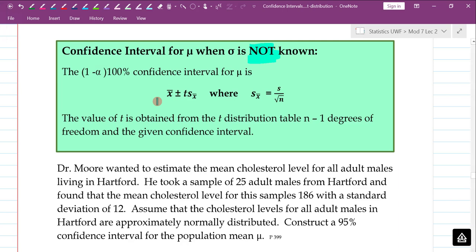The only difference is instead of using a z-value, we're going to be using a t-value. And instead of using sigma, we're going to be using s. Those are the only differences. Everything else is the same. And again, to obtain the value of t, we're going to use n minus 1 degrees of freedom and then the given confidence coefficient.